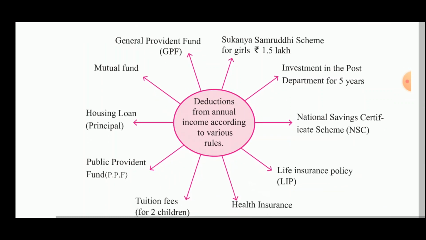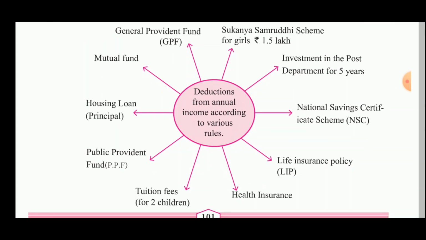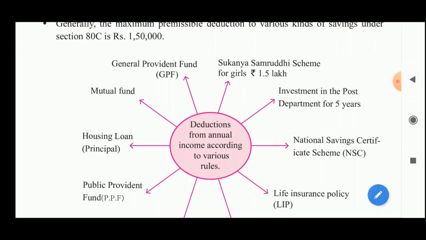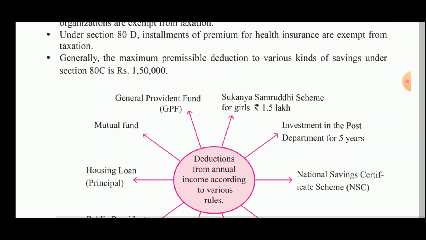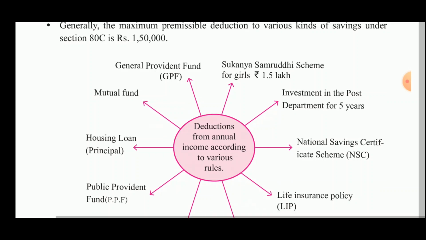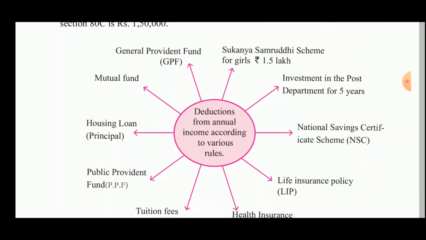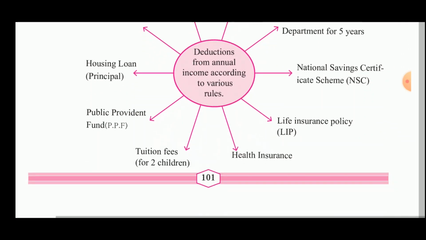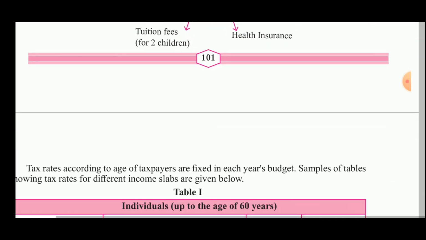Now, deductions from the annual income according to the various rules: tuition fee for 2 children, public provident fund, housing loan, mutual fund, general provident fund, Sukanya Samriddhi scheme for girls up to rupees 1.5 lakh, investment in the post department for 5 years, national savings certificate, life insurance policy, healthcare insurance, etc.